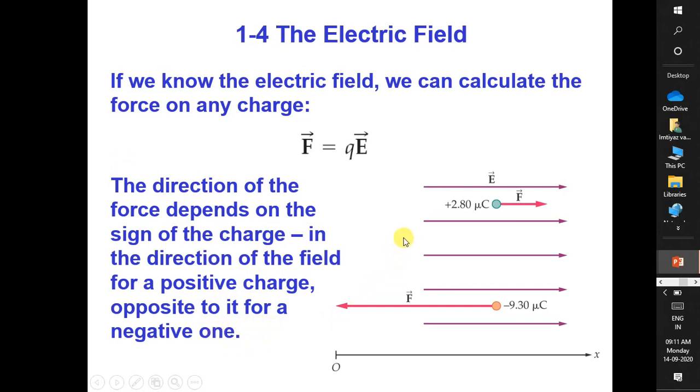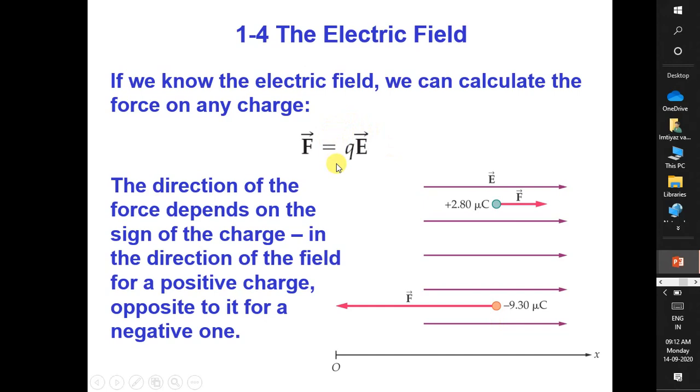See here, the electric field in this direction and the force in this direction, so we get the force on the positive charge. And if the electric field is in this direction and the force in this direction, then a negative charge is involved. So this is the basic difference, but F is equal to Q into E.